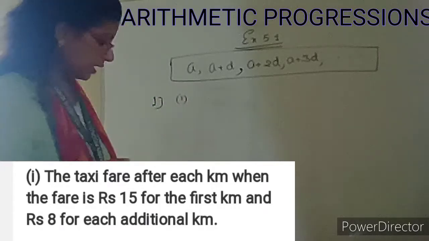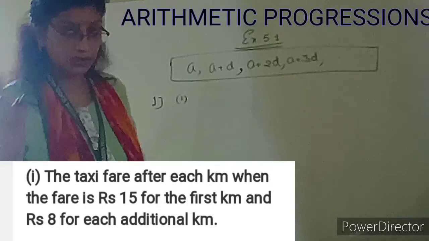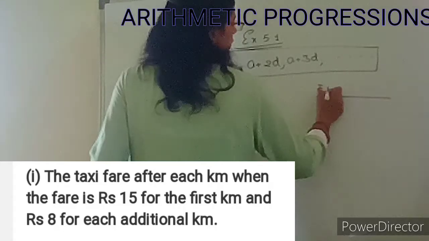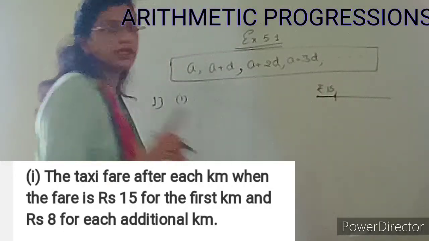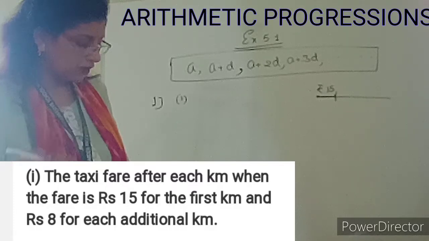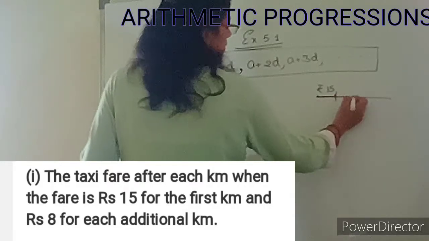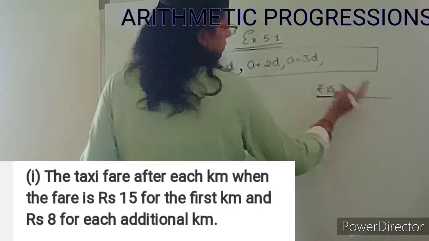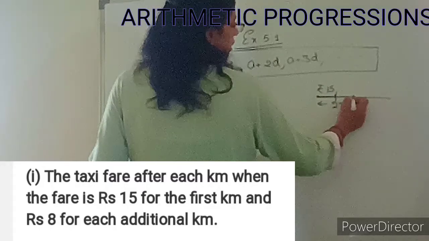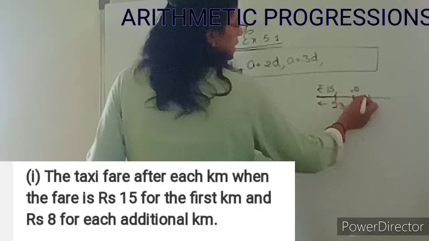The taxi fare after each kilometer, when the fare is ₹15 for the first kilometer. So for the first kilometer, the taxi fare is ₹15. From here to here the taxi fare is 15 rupees, and ₹8 for each additional kilometer. For the second kilometer we add 8, so 15 plus 8 becomes 23 rupees. Then for 1 more kilometer, again we add 8.